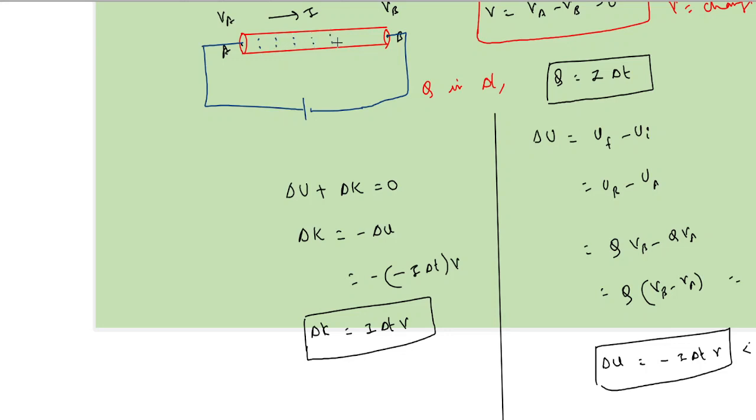There is an electric field applied because of the battery, which exists in this direction. This electric field will accelerate the charged particles, because of which the velocity will increase. But whatever energy they gained will be lost in collisions with the atoms or electrons.